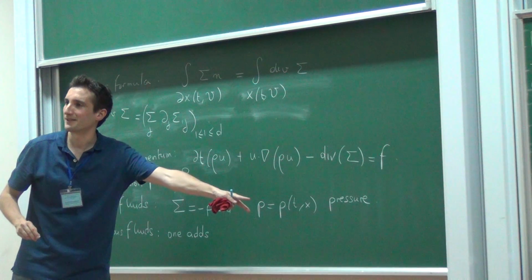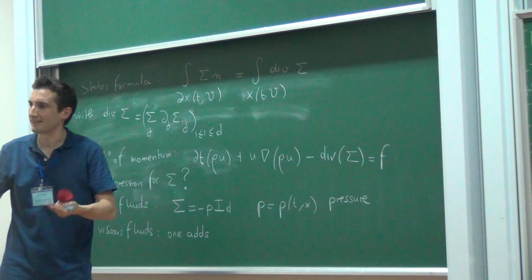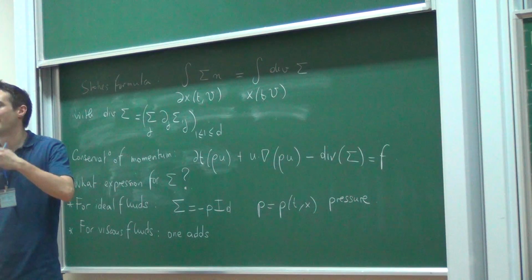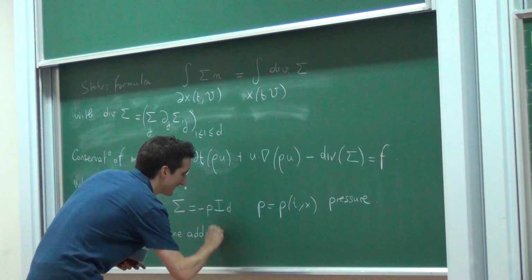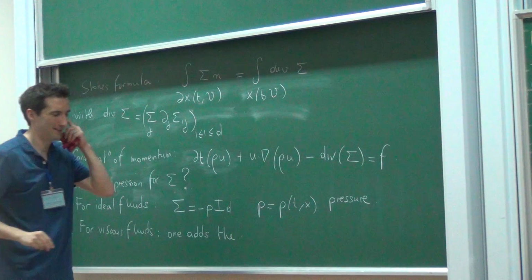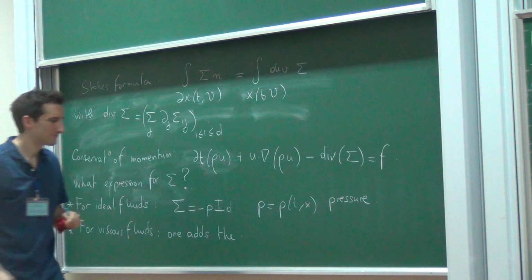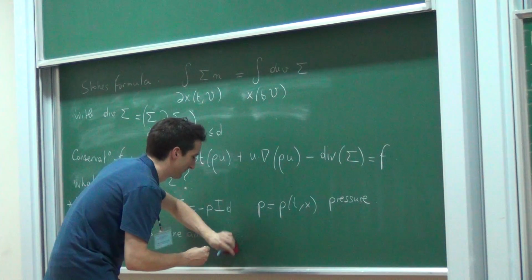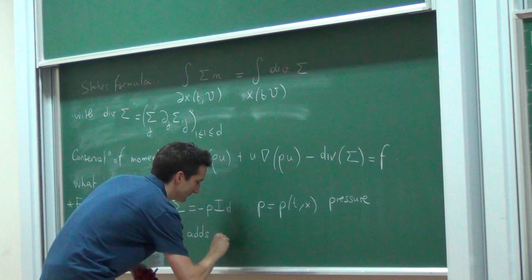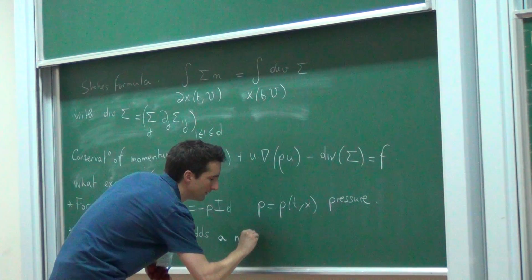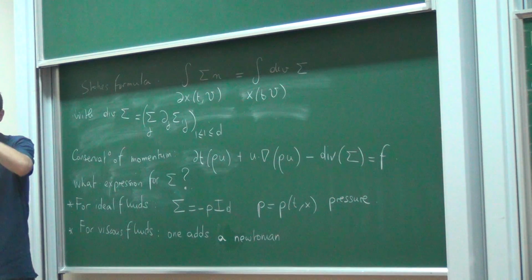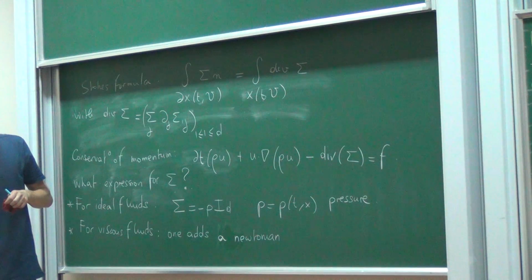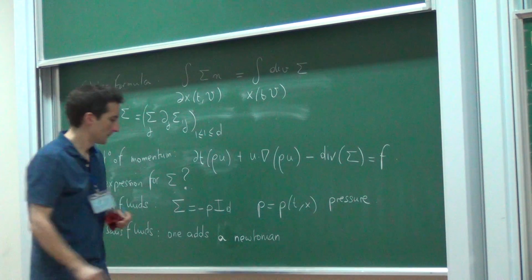You must add another matrix that takes into account viscosity. So then you can discuss the matrix. But let me be vague. You add something that you find in the literature as the so-called Newtonian tensor.